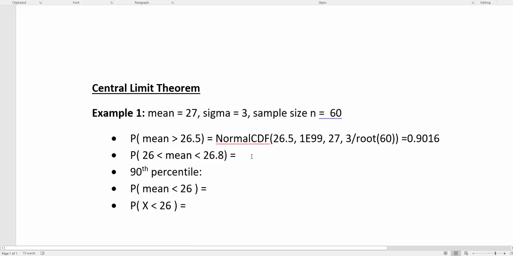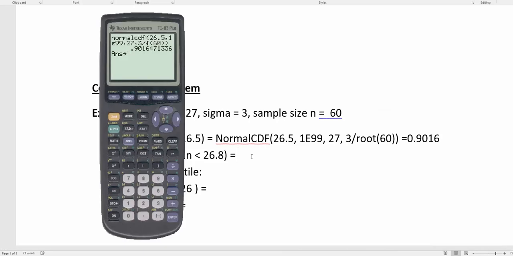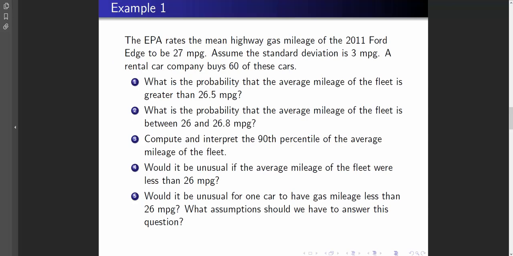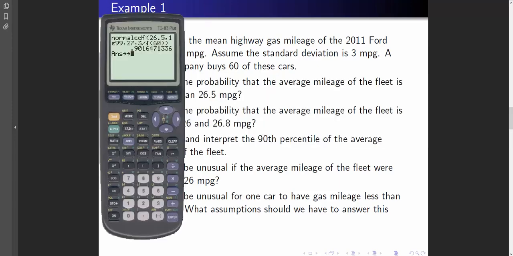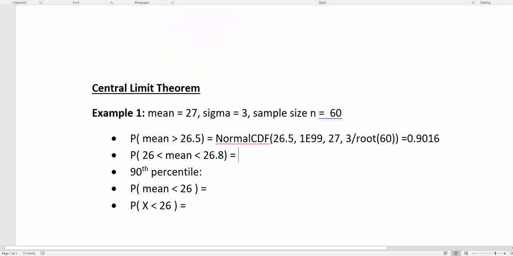All right, next part. What does the next part say? What is the probability that the average mileage of the fleet is between 26 and 26.8 miles per gallon? We've done problems like that before with regular normal.